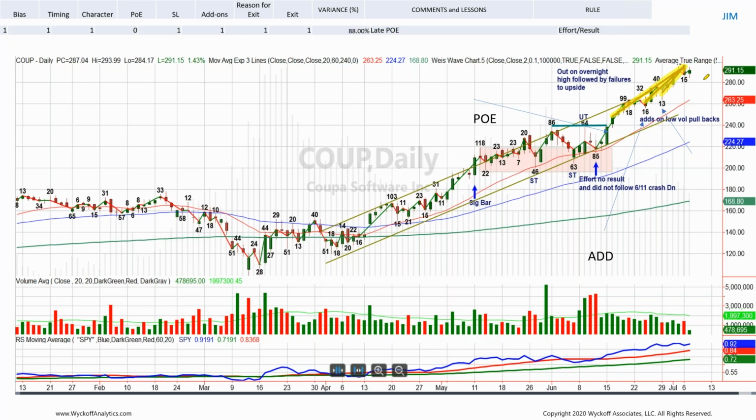Okay. Well, thanks, Ramon. And the trade was obviously constructed during the area that he's got rectangled out in red on the chart.